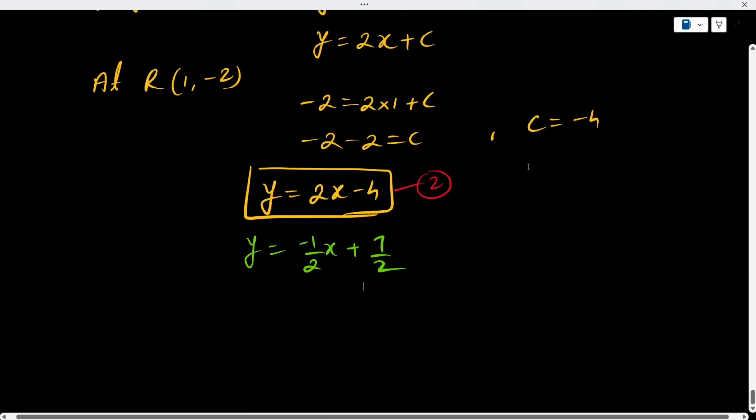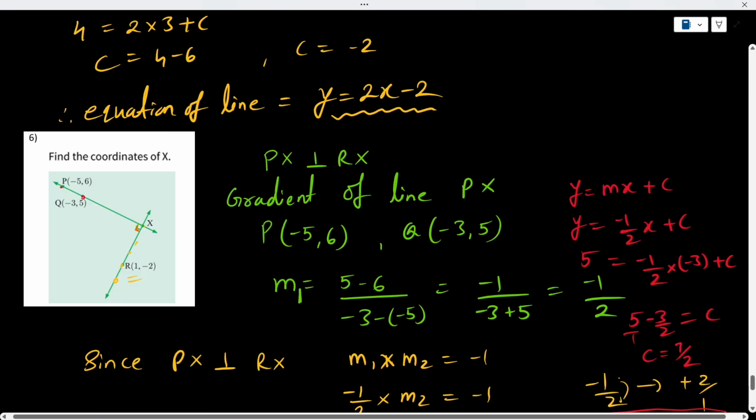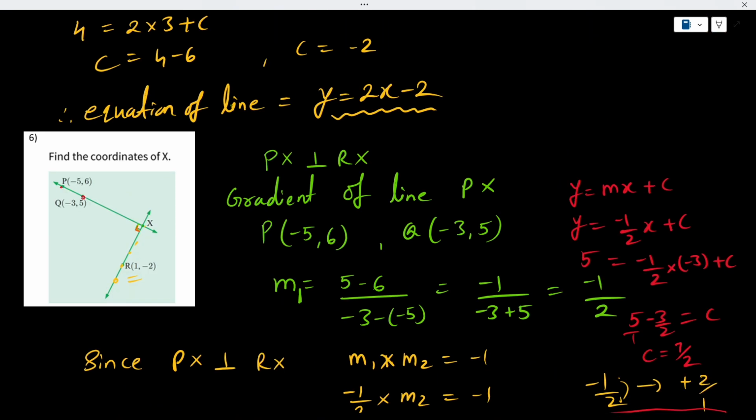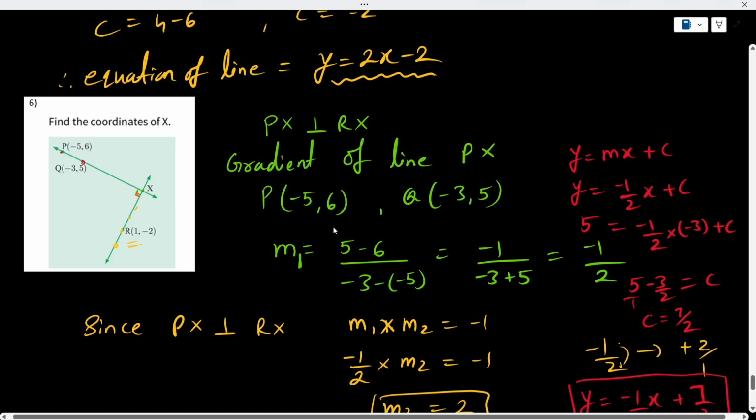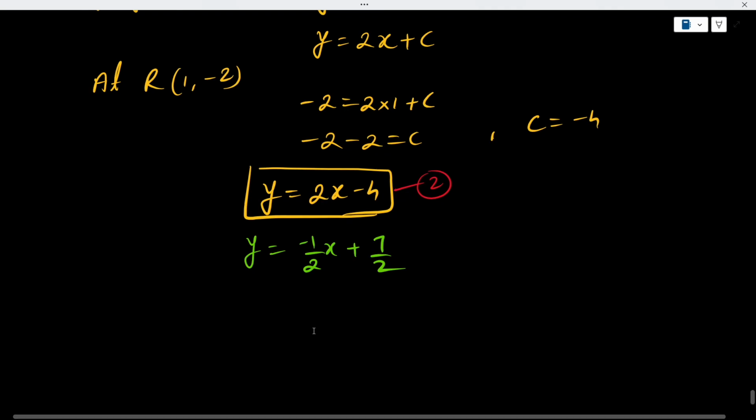Okay. Now I have to solve both, because in this question there is an intersection, so there is an integration of simultaneous equations also. You know that these two are intersecting lines. That means if I have the equation of the first line and the equation of the second line, algebraically I can follow the simultaneous equation method, elimination method or substitution method to get the values of x and y.